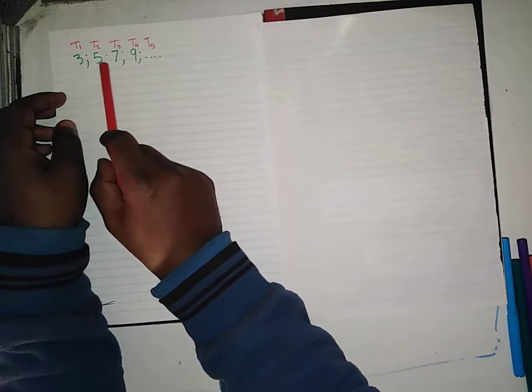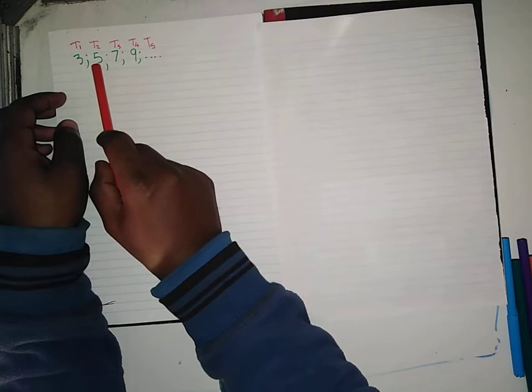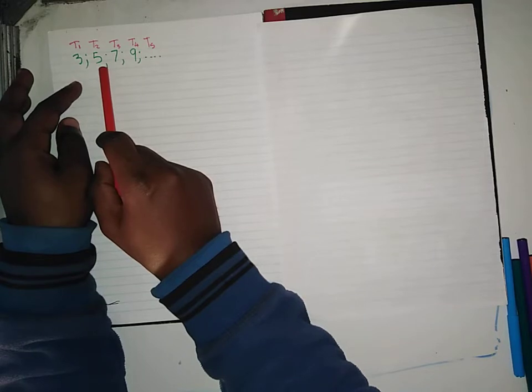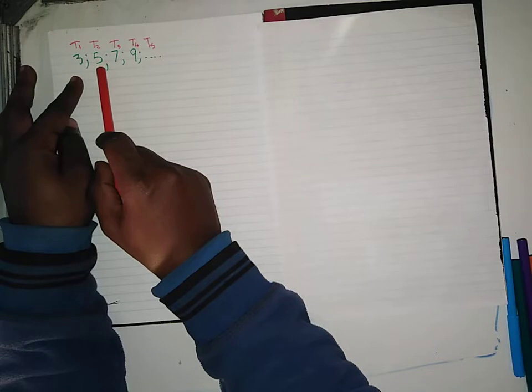I've noticed that if I take two numbers that are following each other, which is very important, not just any two numbers, I find that the difference between them is 2.